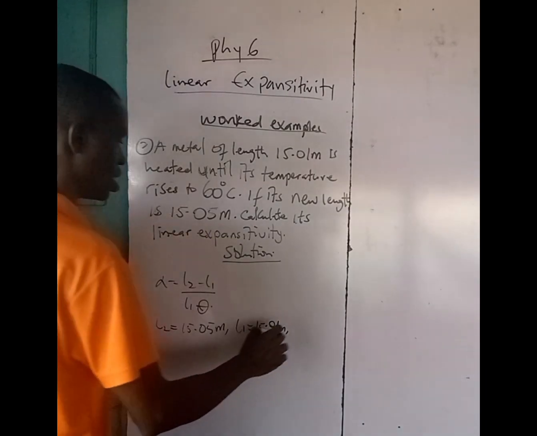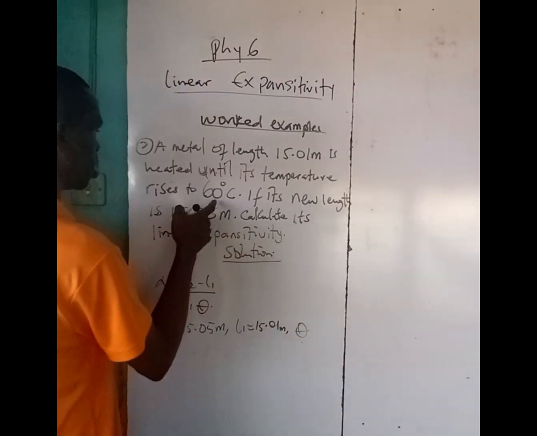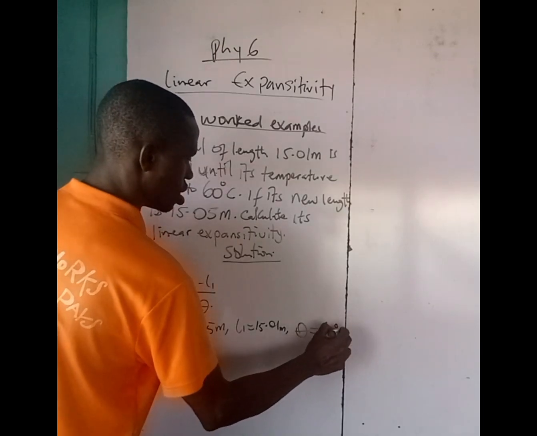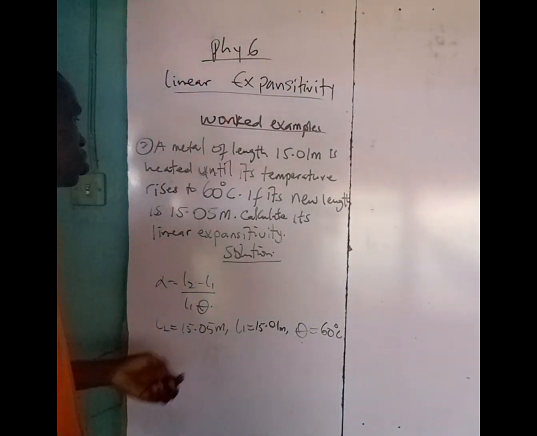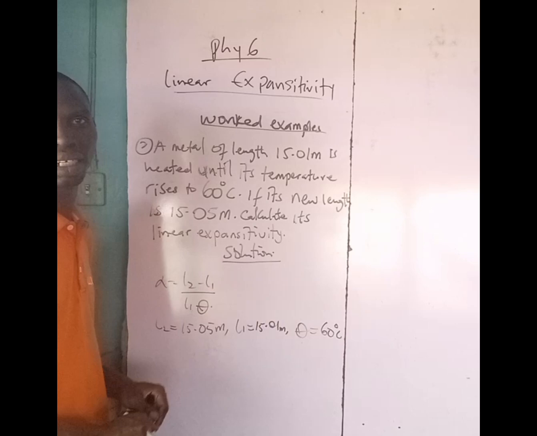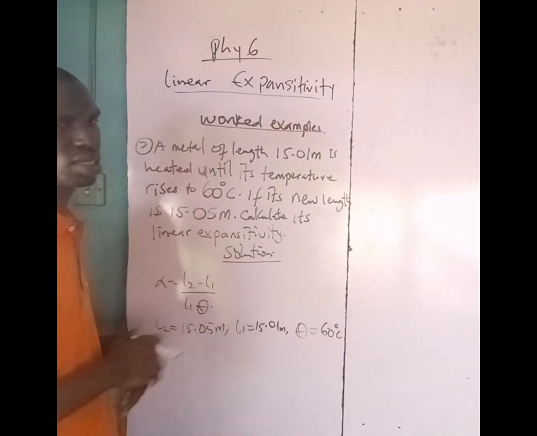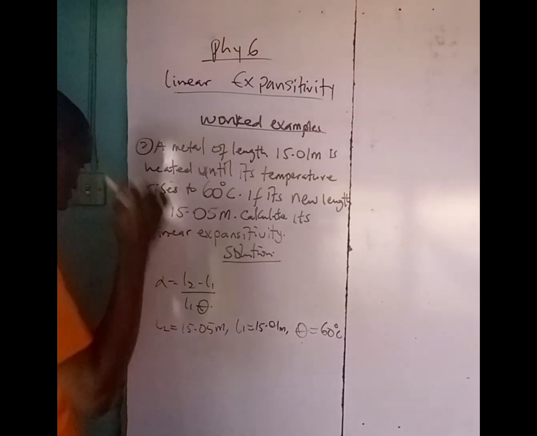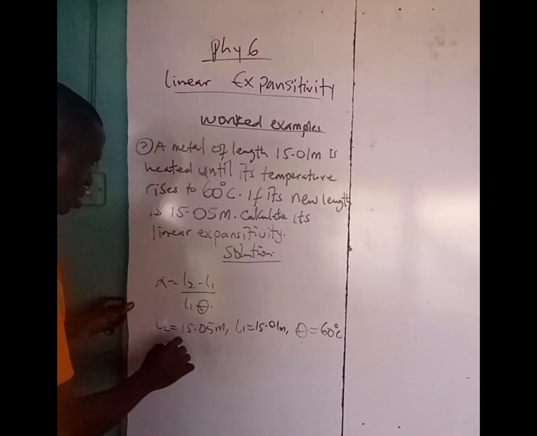Then the temperature increase is 60 degrees Celsius. You can see this now. I'm not giving two temperatures, just only the temperature rise. The temperature increment is this. So that's it. So let's quickly slot this into our formula and get our answer.